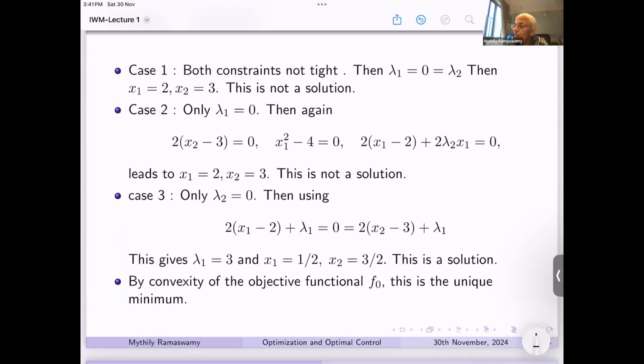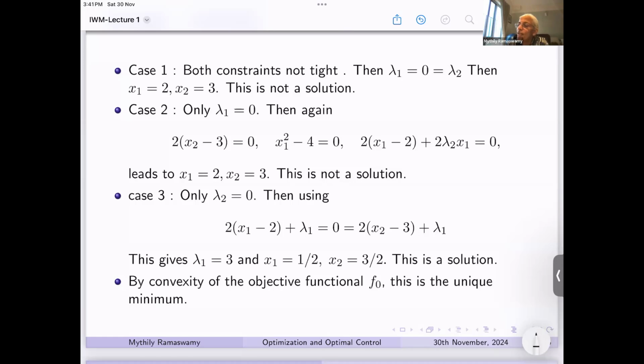So x2 is 3. x1 squared, luckily here I have done correctly, x1 squared minus 4 is 0. And the next equation is 2 into (x1 minus 2) plus 2 lambda 2 x1 is 0. This will lead to x2 is 3, but again x1 will come to 2, which is again not acceptable because the sum of the coordinates will be 2 plus 3, which is 5. That is not an acceptable solution.